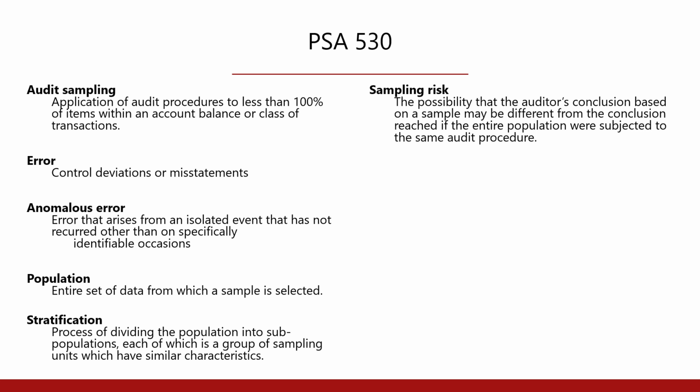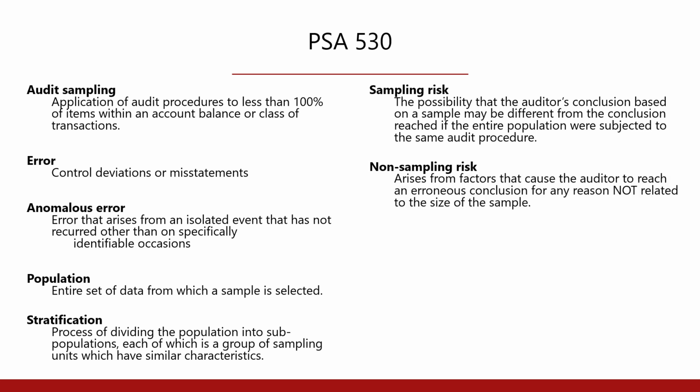Again, if you talk about sampling risk, the problem is rooted in the use of sampling. The problem is with the sample because the sample is not representative of the population, as compared with non-sampling risk. When you talk about non-sampling risk, the problem is not with the sample. In fact, even if you perform 100% examination, of course, there will definitely be no sampling risk, right?